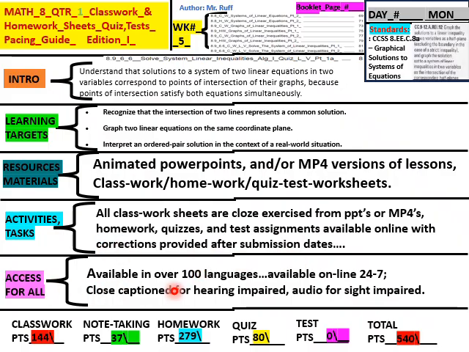Access for all, available in over 100 languages. Available online 24/7, closed caption for hearing impaired, audio for sight impaired. And so we have 144 points of classwork, 37 points of note-taking, 279 points of homework, 80 points in quizzes, and that comes out to 540 points for Week 5.